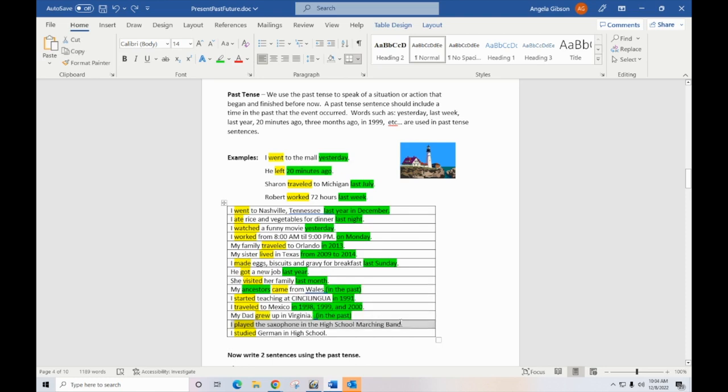So when I say in the high school marching band, you know that that was in the past. The same with this last example. I studied German in high school. Okay, I am not in high school right now. So in high school is our past tense time.